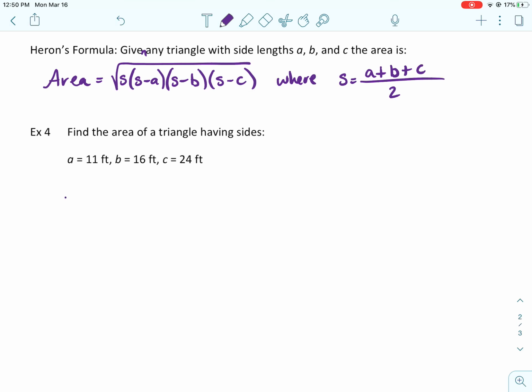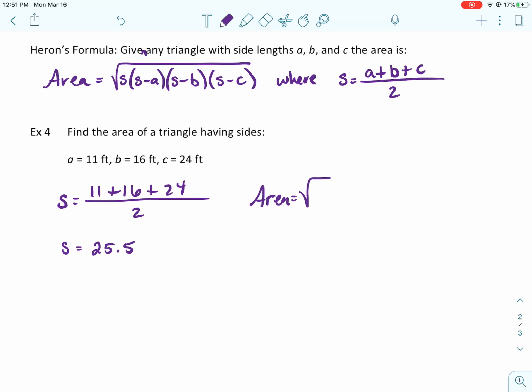Okay, so for example 4, we're going to find the area of a triangle having sides 11 feet, 16 feet, and 24 feet. So the first thing we have to do is find S. So we'll just add 11, 16, and 24 together, and then divide that by 2. All right, so S ends up being 25.5. All right, so then to find our area, it's going to be a big long square root.